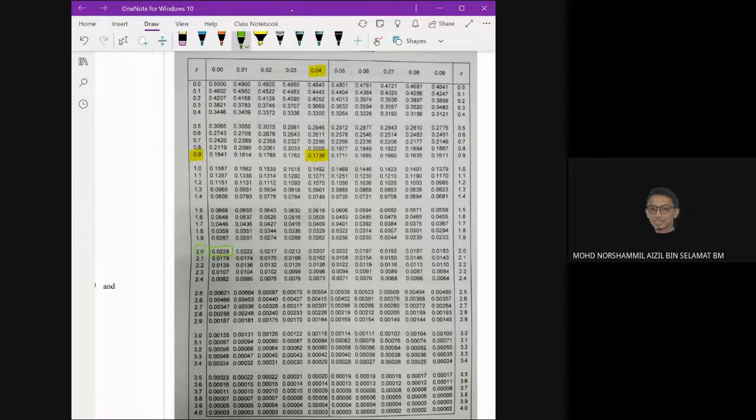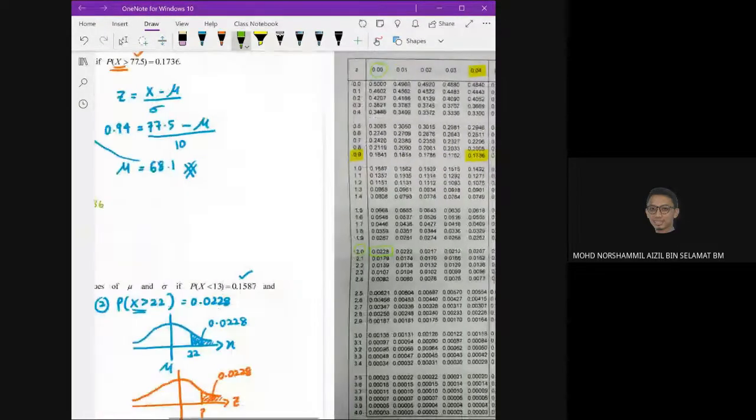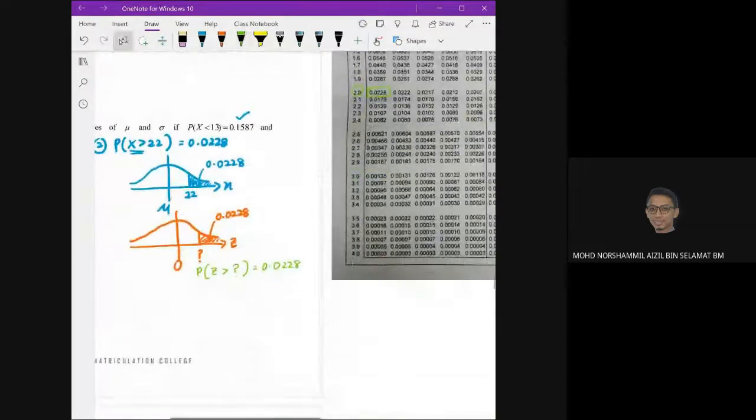So, 2.0 plus 0.00, 2.0 sajalah. So, what does it mean? This part will be 2.0. Is that okay? Boleh tak? So, tanda soal yang ni adalah 2.0. So, from the formula, Z equals X minus mu over sigma. This is the formula.